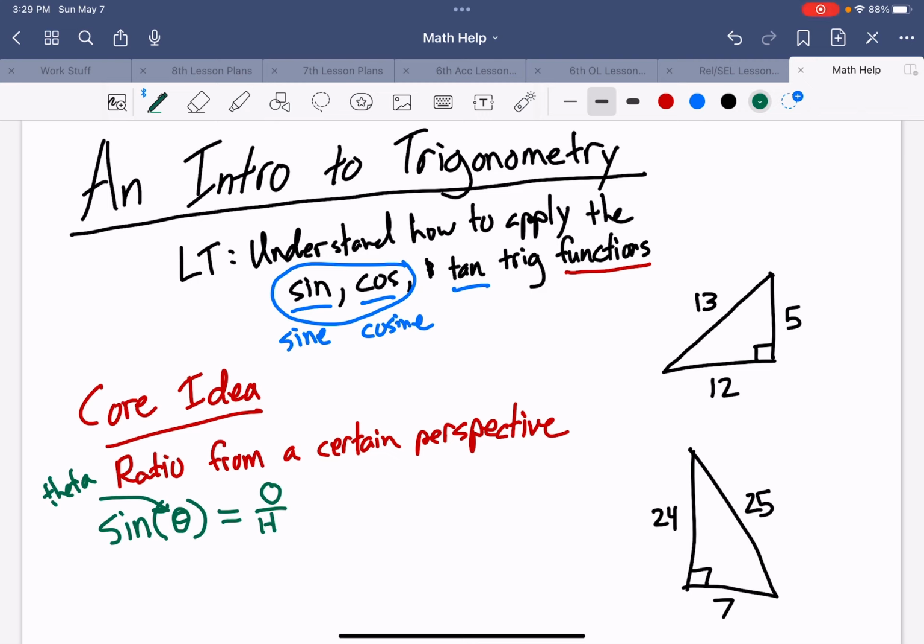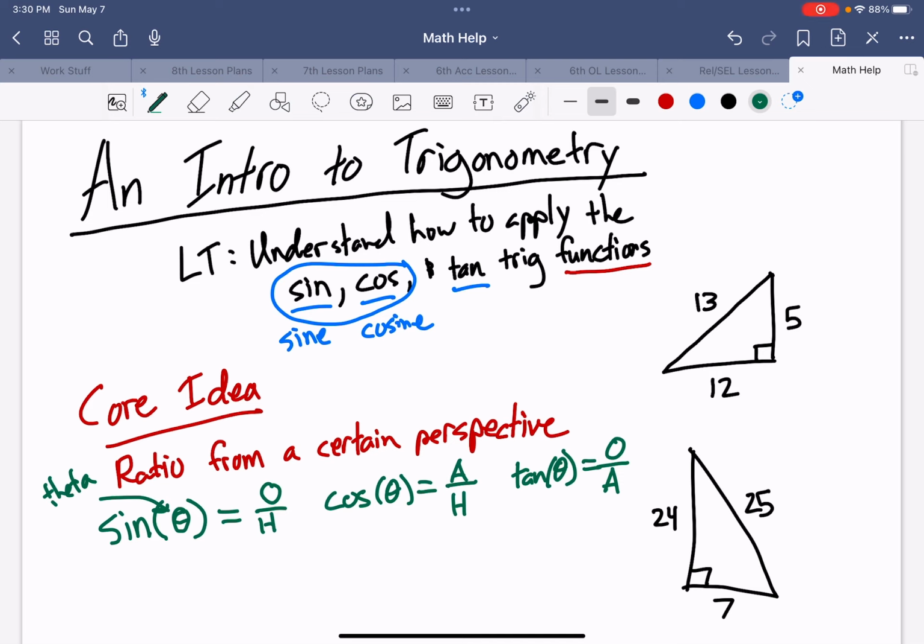Then cosine of theta is equal to the adjacent over the hypotenuse. And finally, the tangent of theta is equal to the opposite over the adjacent. Again, some of this might not be making sense yet, but just bear with me here.